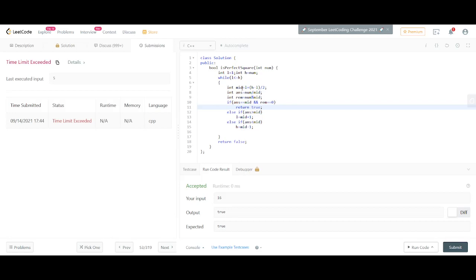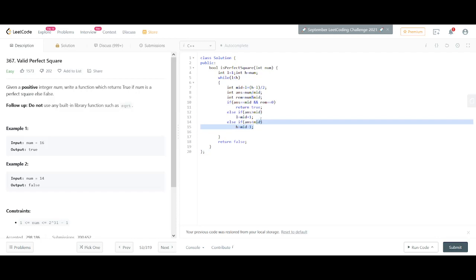Okay, so it is not working because, yeah, if answer is equal to mid, and then, right, so what should be done? Basically I need to do this. In case the answer is equal to mid but the remainder is not zero, then we should change one of those values, either this value or this value, and everything will be fine.